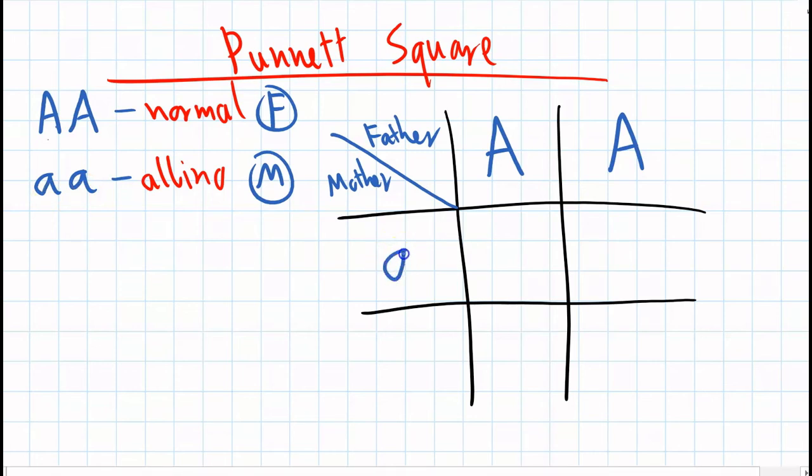So she's going to have a small a or a small a. Okay, and then we combine the row and the column together, because this is representing a gamete. So they're the two father's gametes, and then these two are the mother's gametes.